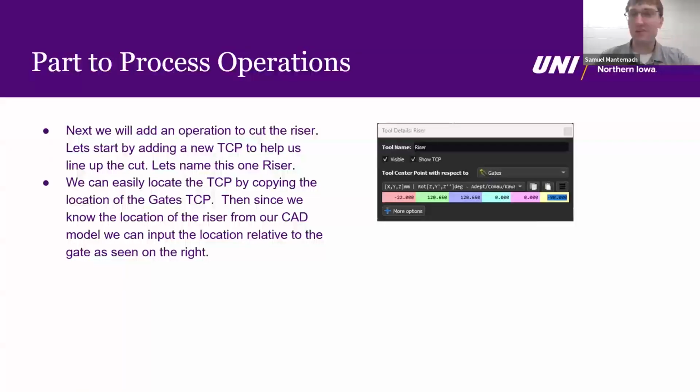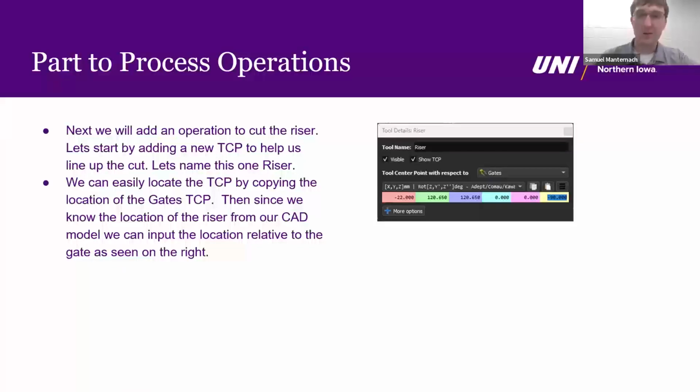I know the exact location I want of that cut, so I can just bring up my riser TCP and locate it with respect to the gates target. I know where gates is on my part because it's the origin of the part in my 3D CAD. Then I just measure from that corner to the top of the riser, so I know exactly where I'm going to be cutting.